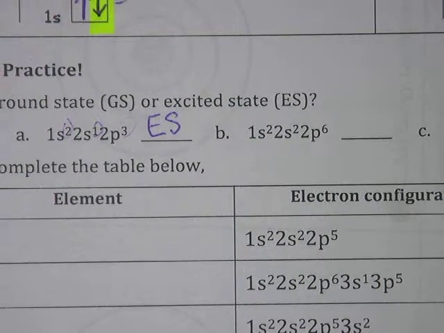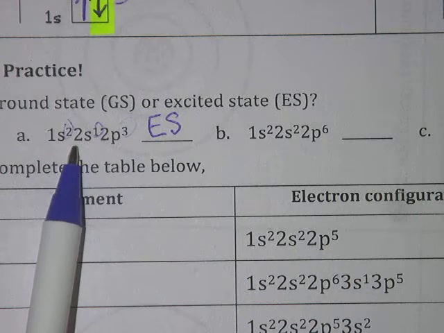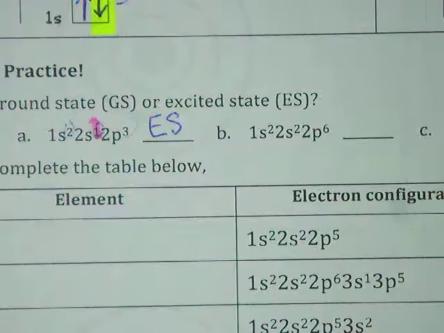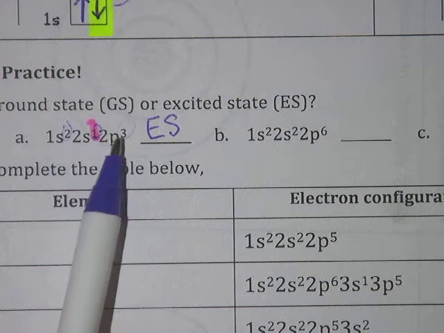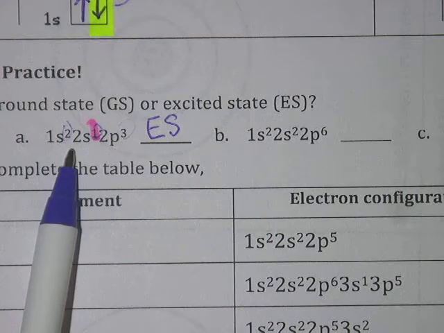A faster way would be to recognize that this 2s1 shouldn't be a 1 if there's going to be stuff in the 2p. Because usually if you have stuff in the 2p, your 2s should be full, and it should be 2s2.